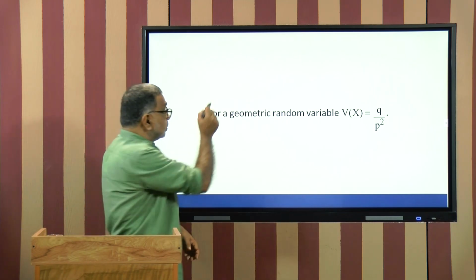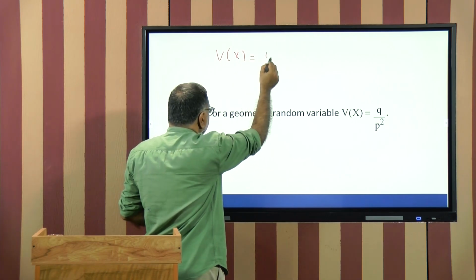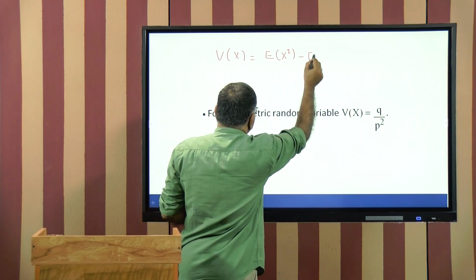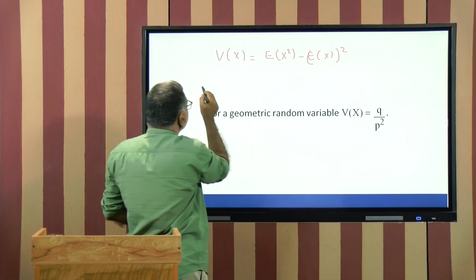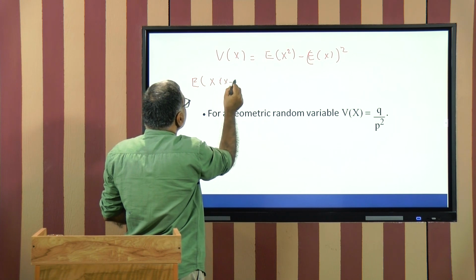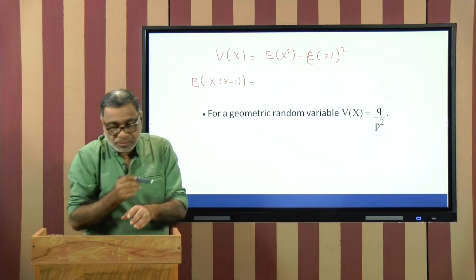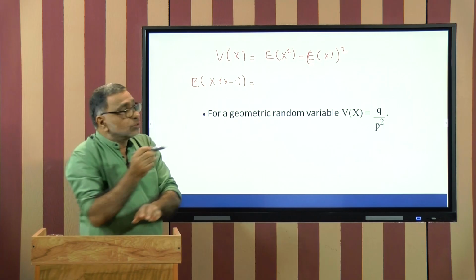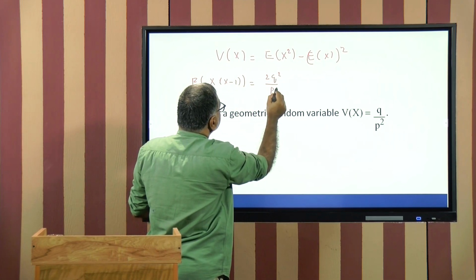The variance of x is equal to expectation of x square minus expectation of x the whole square. And for expectation of x square, using x into x minus 1, as we have established earlier, the expectation is 2 q square divided by p square.